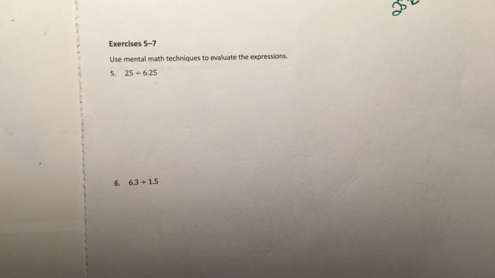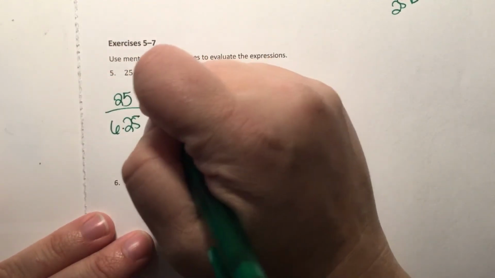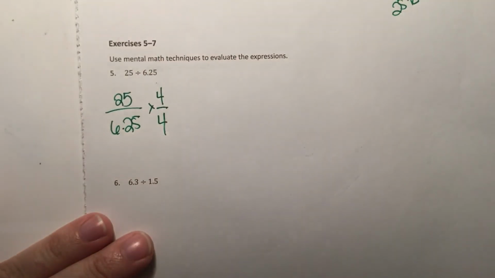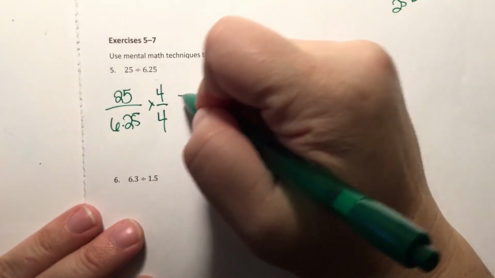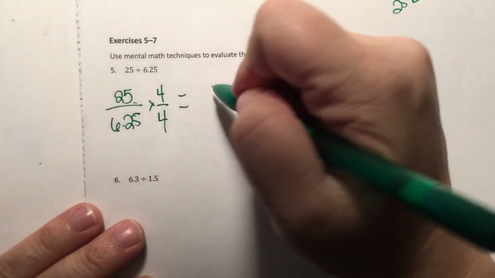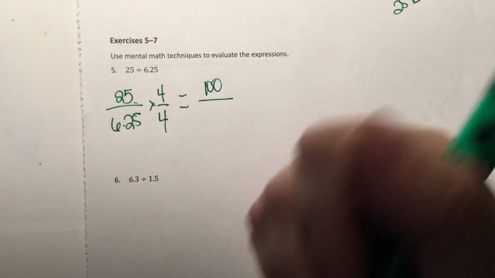How many quarters do I have in a dollar? I have 4, right? So 25 over 6.25, right? So I'm going to multiply this by 4 over 4. Or 4 on the top, 4 on the bottom. Either way. However you want to do it. 4 times 25 is 100. Okay. Let's do this next one.